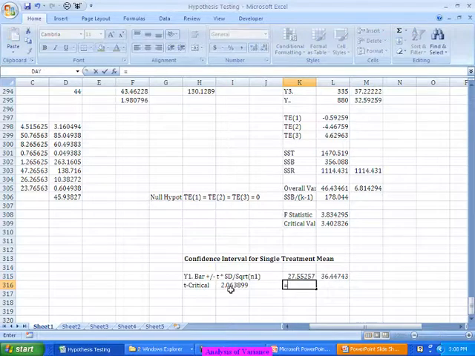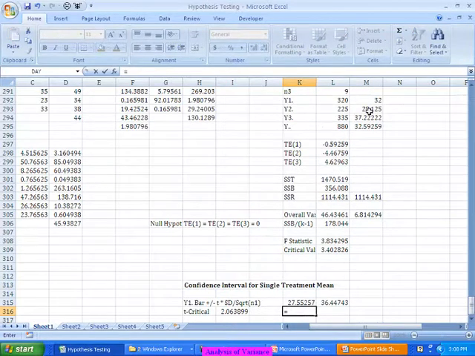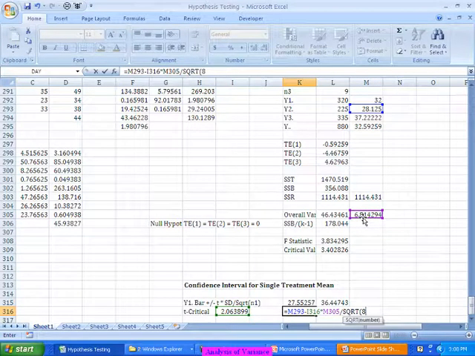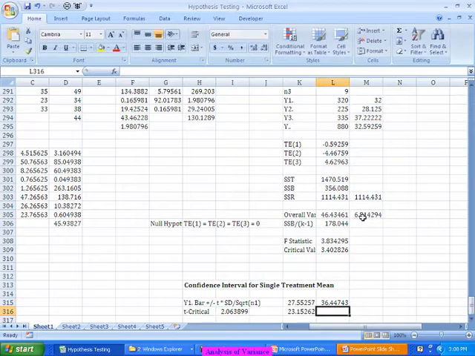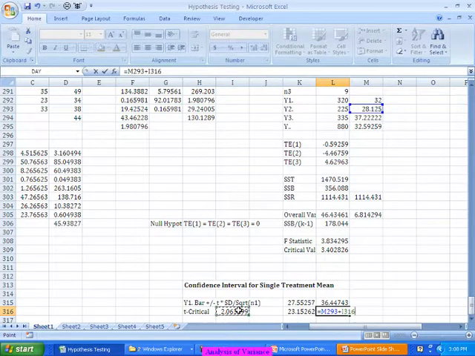Whereas for the second, the same logic, if I am using this minus 2.06 times the standard deviation by square root of 8, so 23.15 to this plus 2.06 times the standard deviation by root 8.